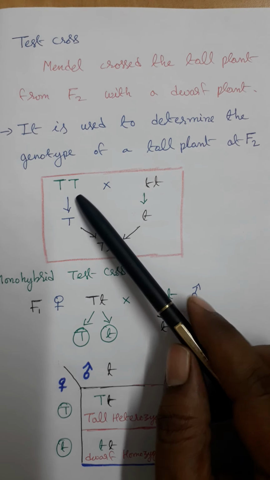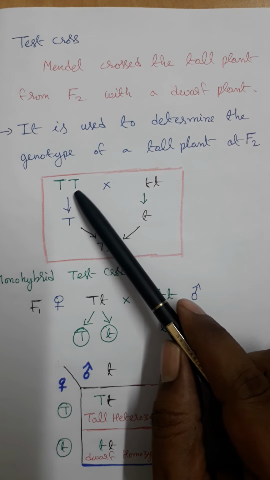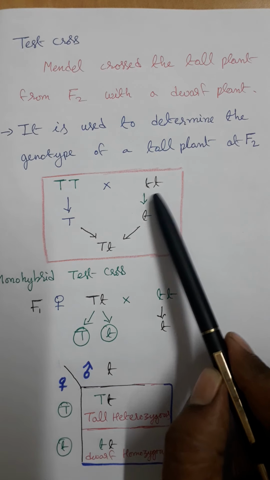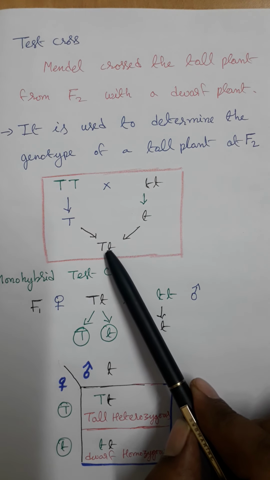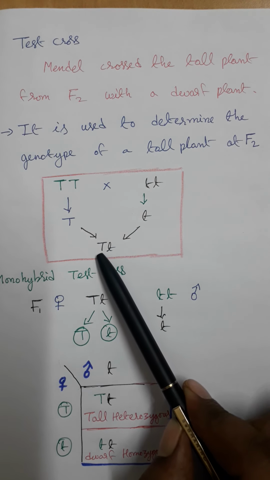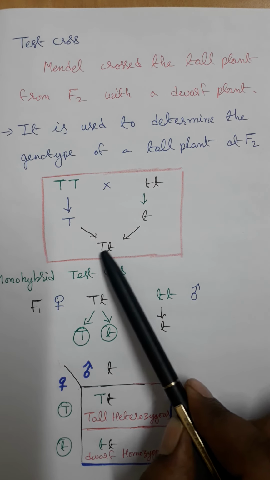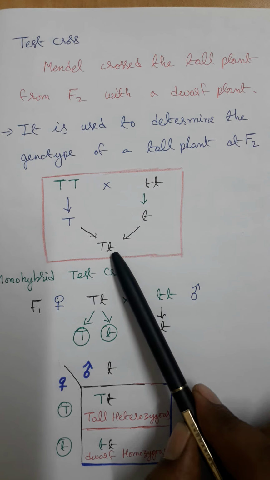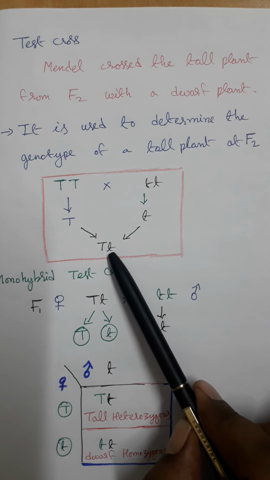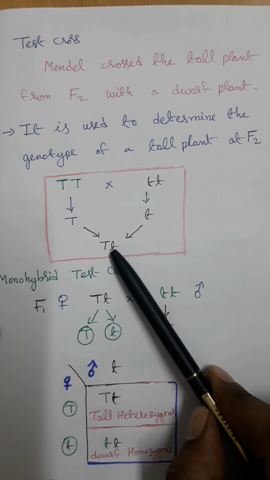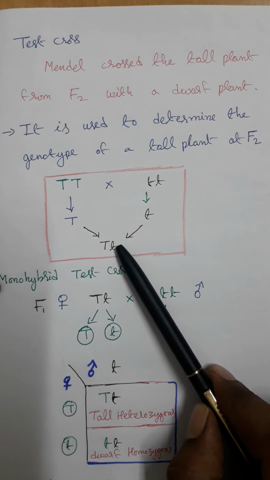Here in the monohybrid cross, a tall pea plant is crossed with a dwarf pea plant, and F1 progeny are formed. The F1 progeny consist of genotype capital T small t. The phenotype is tall, so the progeny plants produce a tall stem.